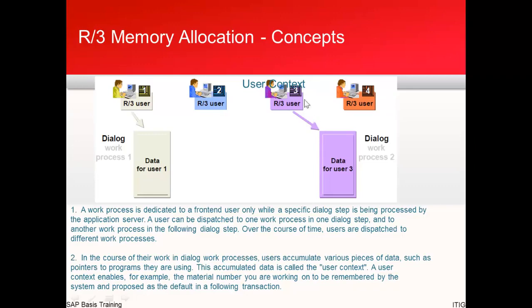So just take note of this key concept: whenever a user connects, he will be allocated a user context. That is very important. The user context is the user's authentication information, the roles associated with the user, basically the information associated with the objects of the user.